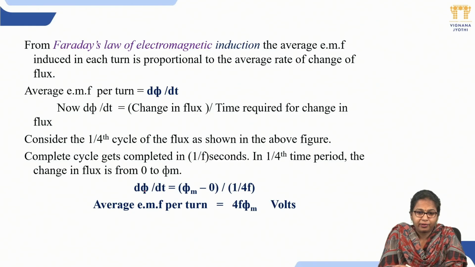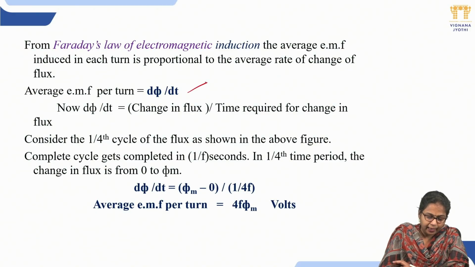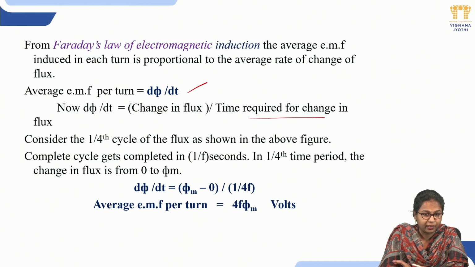From Faraday's laws of electromagnetic induction, the average EMF induced in each turn is proportional to the average rate of change of flux. So average EMF per turn is equal to d phi by dt, which is the rate of change of flux: the change in flux divided by the time required for that change. That time is the time taken to reach the maximum flux phi m, which we have seen in our slide.